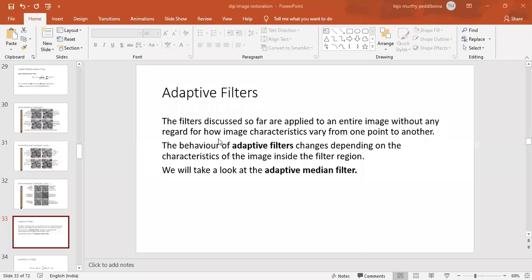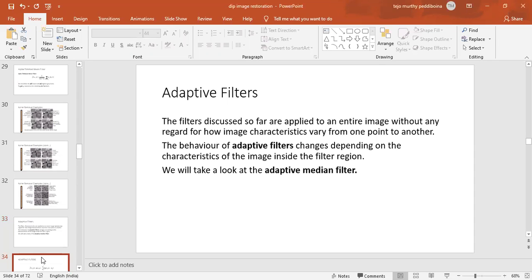But in the adaptive filters, we can change the size and the characteristics of the filter according to the image obtained. So depending on the image, we can change the window size and filter coefficients also. That is a very, very important property of adaptive filters.